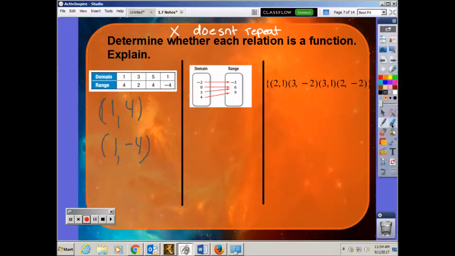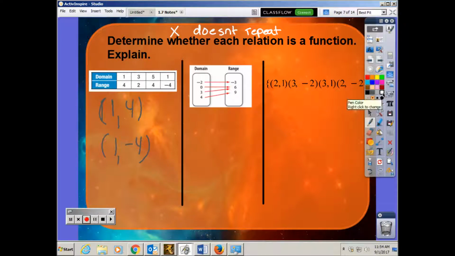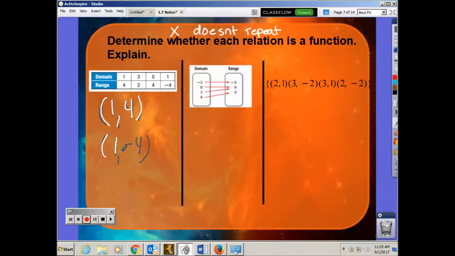I'll write over it in white. Mathematically, that can't happen. So my x values are repeating. Sometimes 1 goes with 4 and sometimes 1 goes with -4. We mathematically can't do that, so it's not a function. Is it a real function? No. Why? Because the x is repeating.